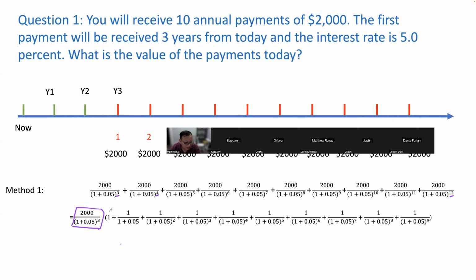You take it out and you have two big brackets, and inside the brackets is the simplified version of each of the items above. Now you can see this one simply becomes 1, and the last one is reduced to the power of 9, because you take out the power of 3: 12 minus 3, you still have a power of 9 left. All we are trying to do is simplify this calculation.